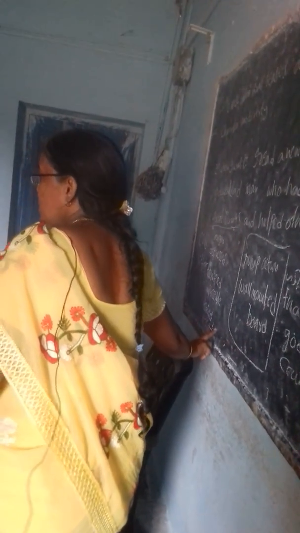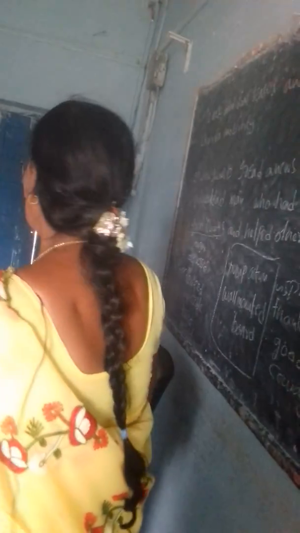Were the friends right in their attitude towards Nick or wrong? Wrong. They teased him, they bullied him. They are negative attitudes, not positive attitudes.